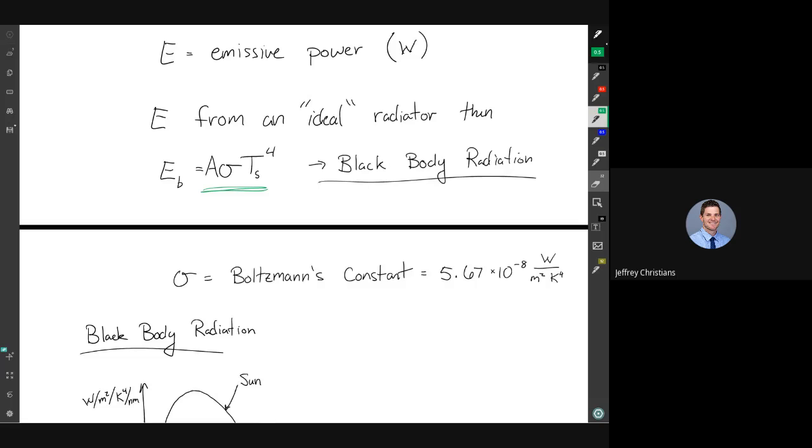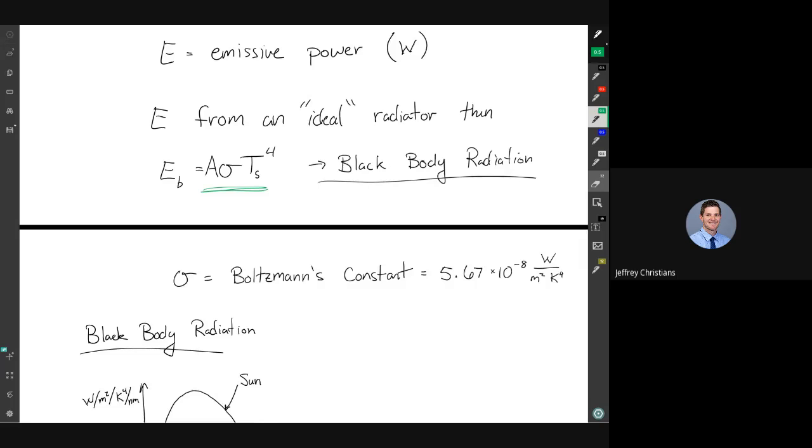At the sun's temperature, it's huge. The sun is emitting so much energy that the Earth, which is super far away, 186 million miles away, is still hot for us. That's because it scales as temperature to the 4th power. It's super sensitive to temperature.